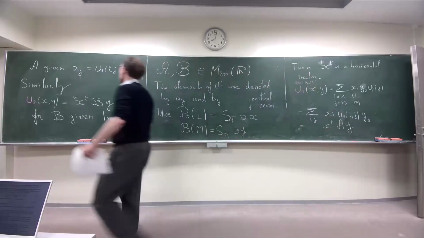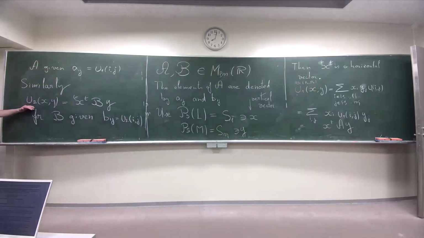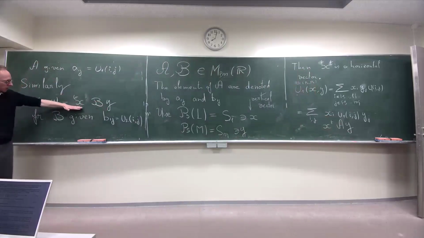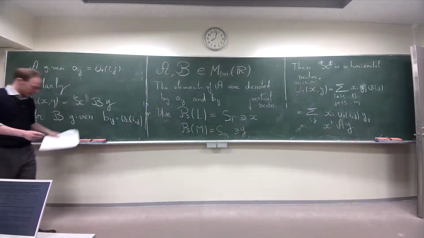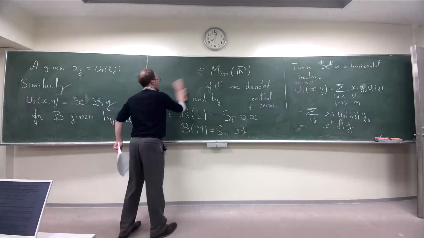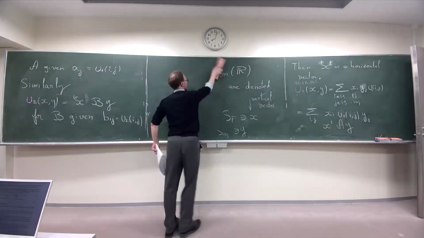The same for U2: the second payoff for the mixed strategies is given in terms of B applied to Y, with this horizontal vector. B is given by these two.